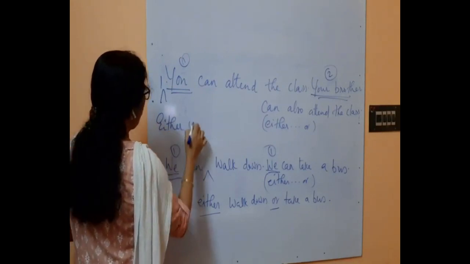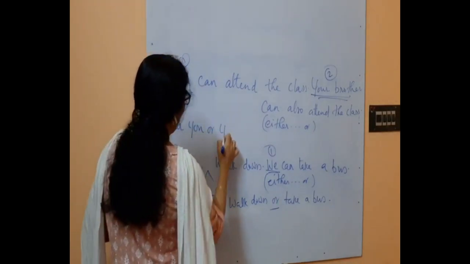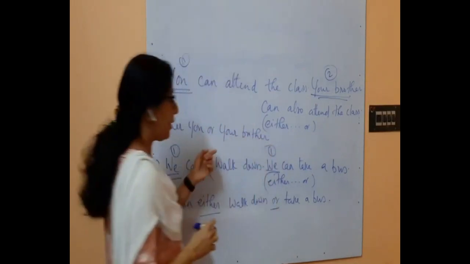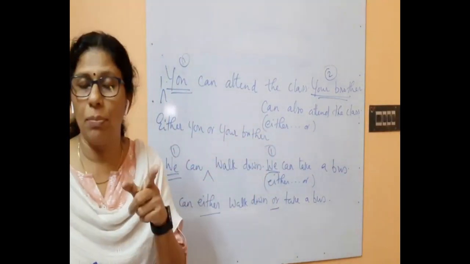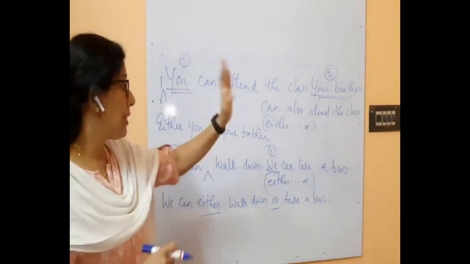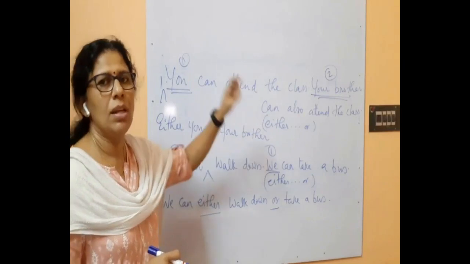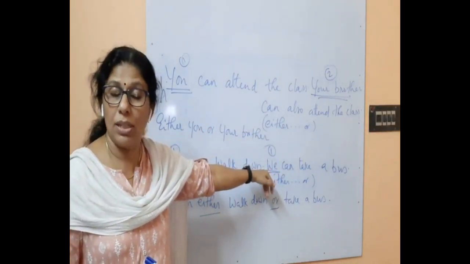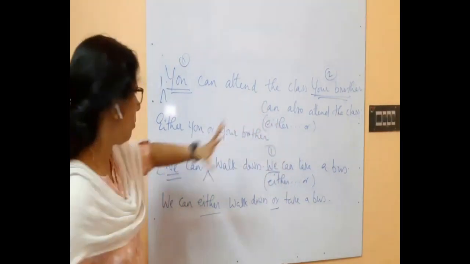Either you or your brother. When you are combining with either or and neither nor, you have to keep in mind that the verb agrees with the second subject. If the second subject is plural, you have to use the plural form of the verb. If the second subject is singular, you have to use the singular form of the verb.